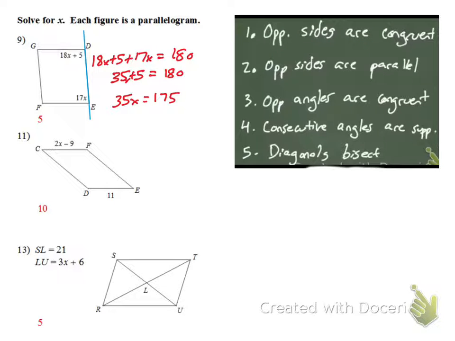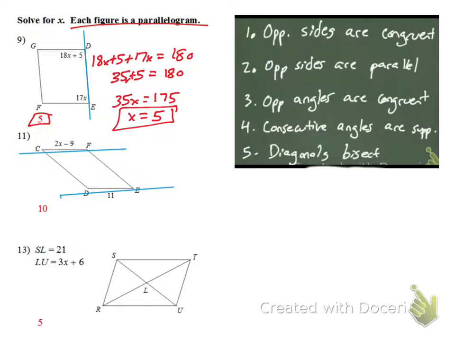So if I divide 175 divided by 35, x is going to equal 5. And that checks out. For 11, now this doesn't say on here, but we have to assume that if this is a parallelogram, like the directions say, CF is going to be parallel and congruent to DE.